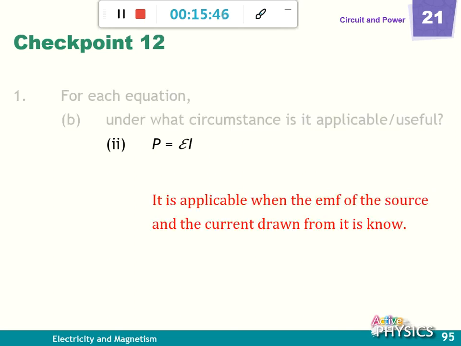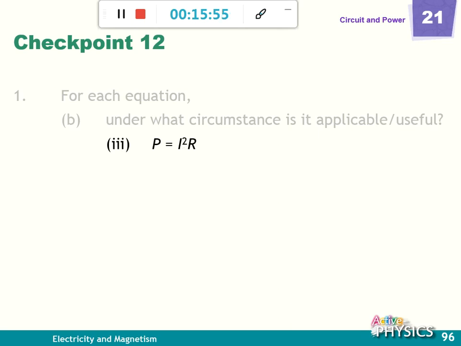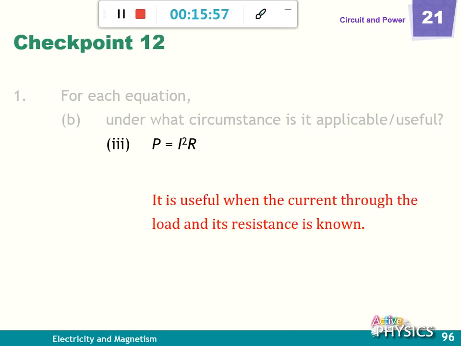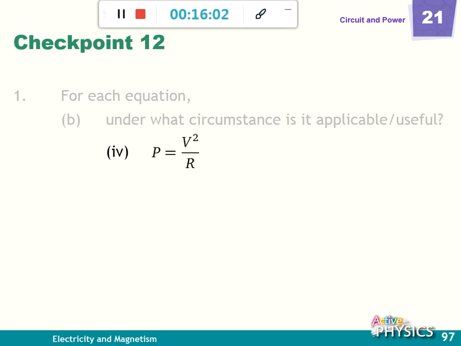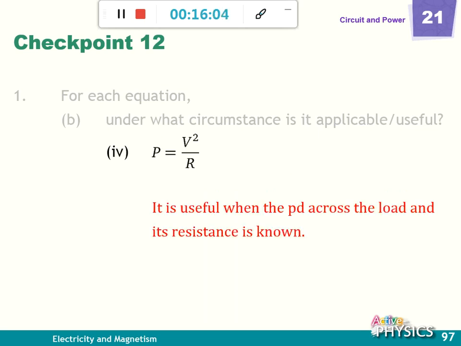For this, we know the EMF and also the current flowing through the battery or the power supply. For this, we know the current passing through and also the resistance of the load. For this, we know the PD across the load and also the resistance of the load.